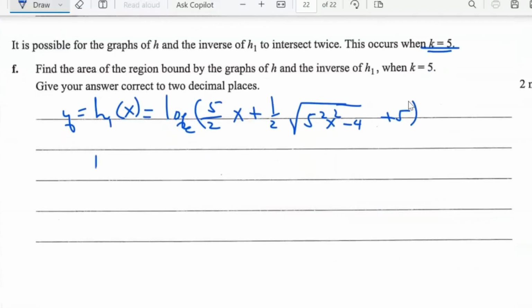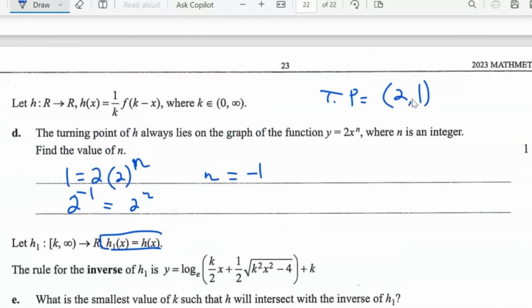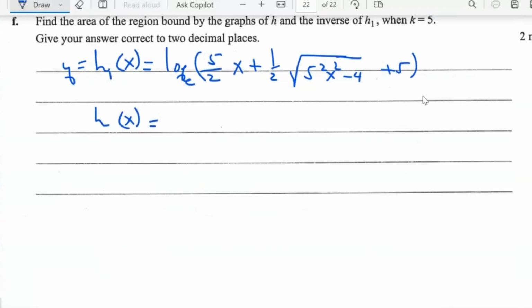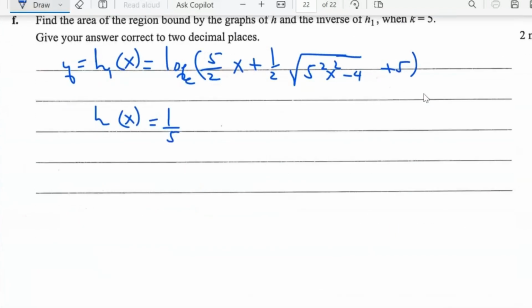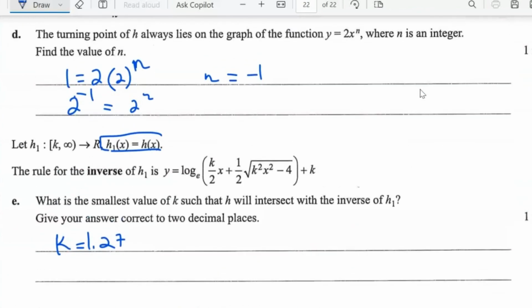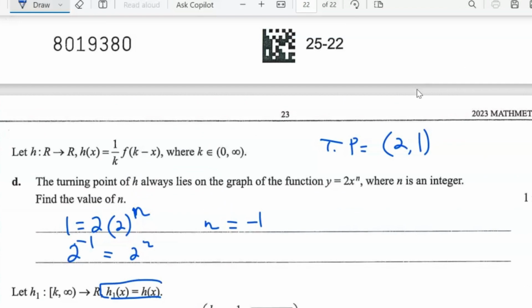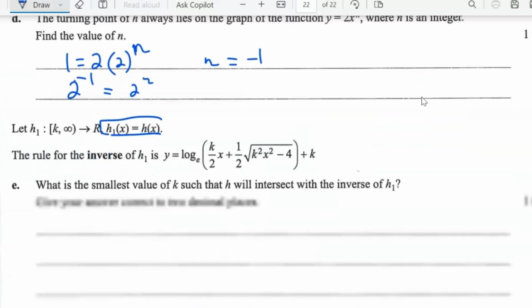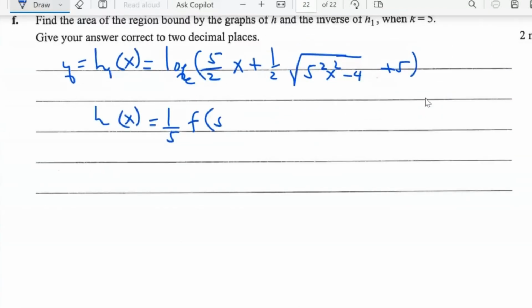Now, h of x, we had it before. What was it? Oh, this one here, 1 over k, 1 over 5, f of x. So that's going to be 5 minus x. Alright, let's go back to the CAS.